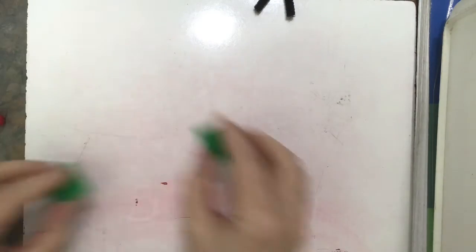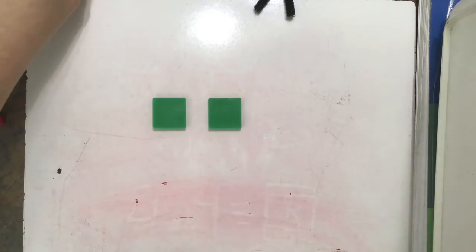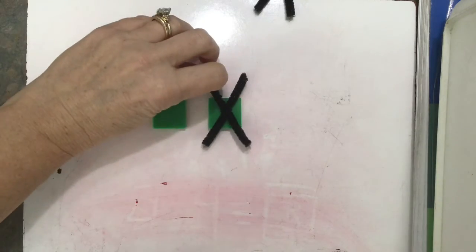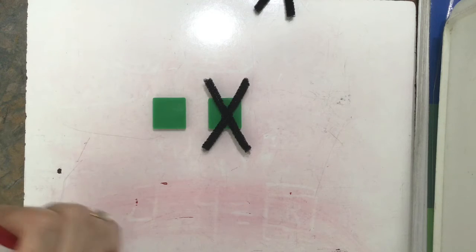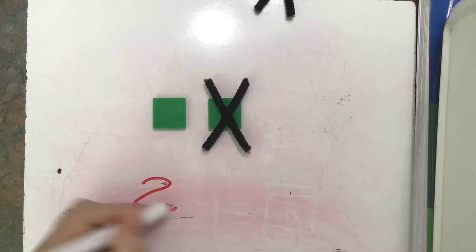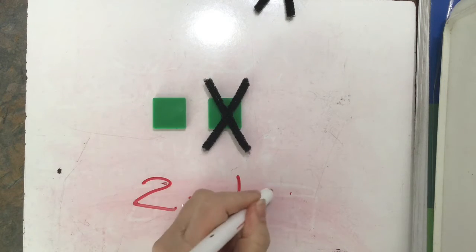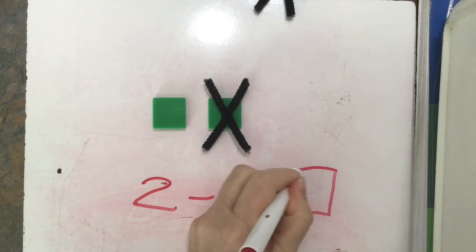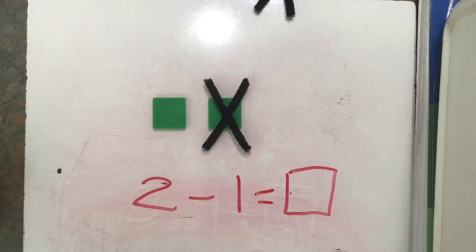If we have 2 objects and we take away 1, how many do we have left? 2 minus 1.